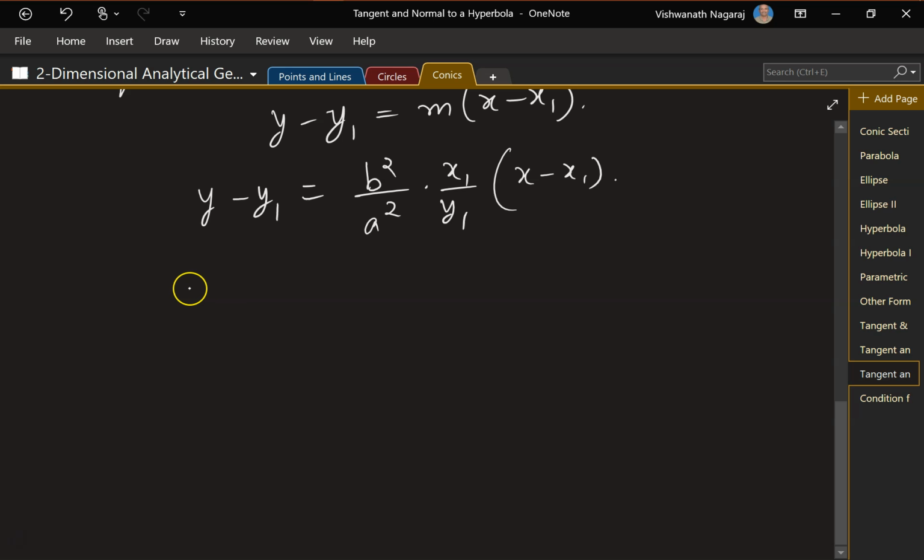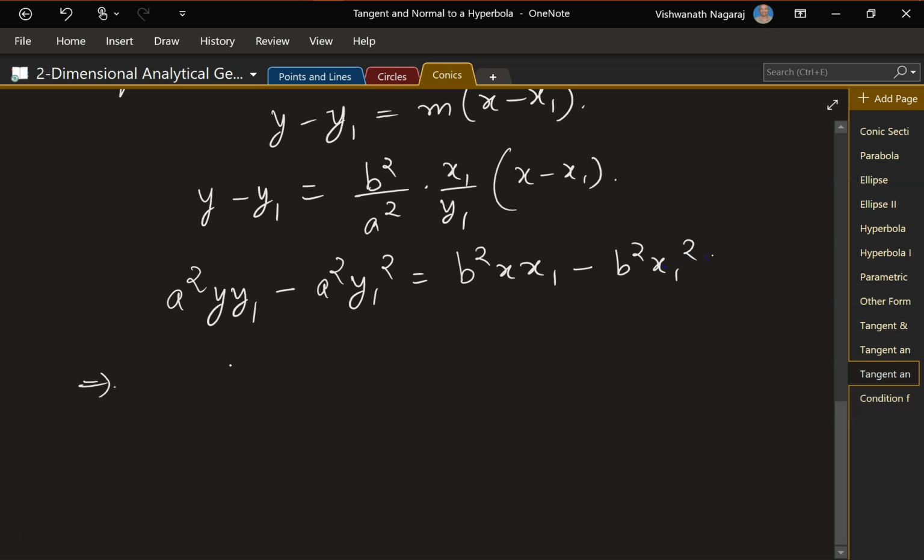Okay, let's simplify. a squared y1 y minus a squared y1 squared is equal to b squared x1 x minus b squared x1 squared. b squared x1 squared minus a squared y1 squared is equal to b squared x1 x minus a squared y1 y.